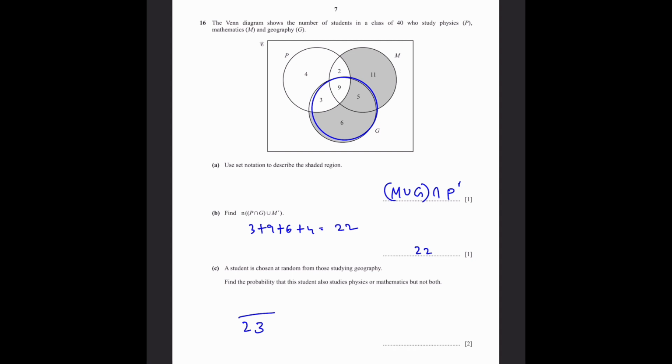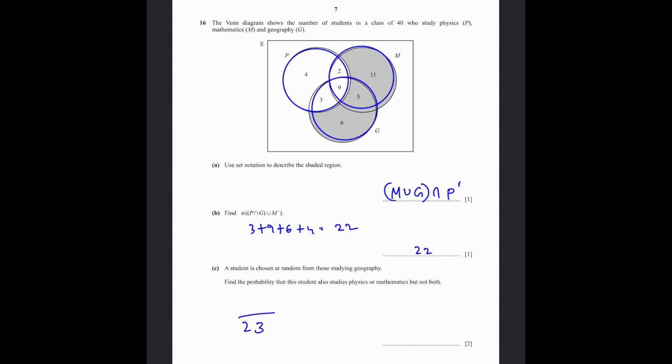Now, we need to find if someone studies geography and physics or geography and math, but not both. So if studying both physics and math and studying geography, the intersection of these three, I'll just draw the circles here. The intersection of all three of them is over here.